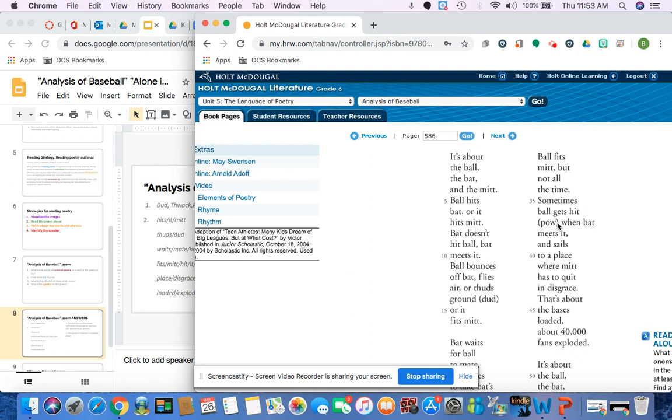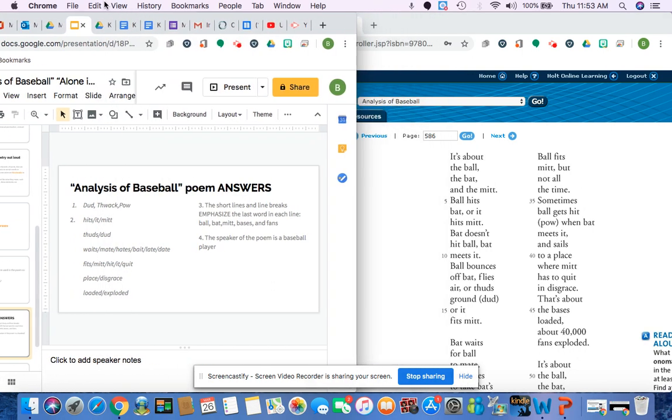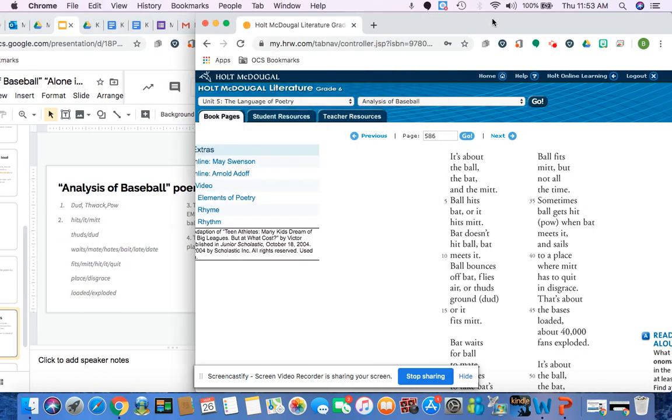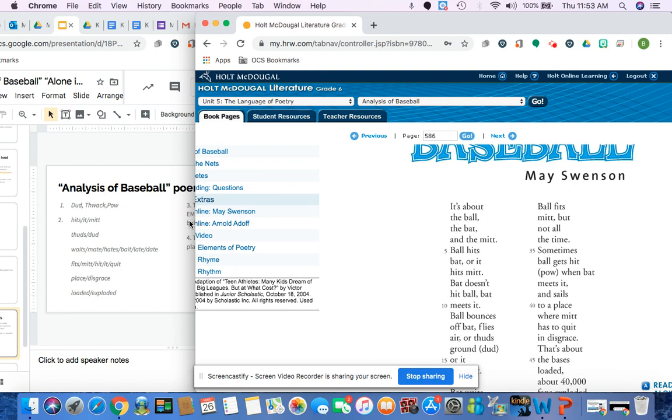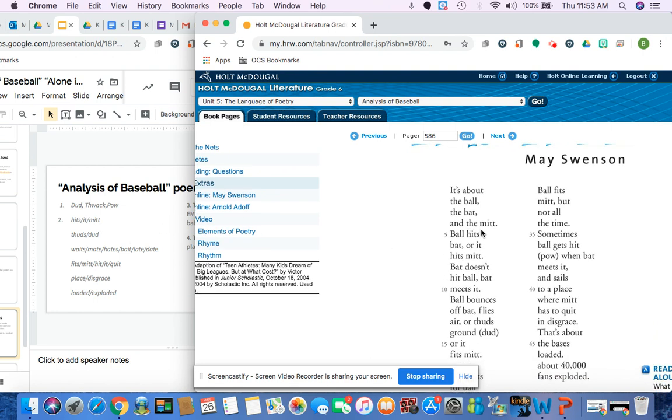Okay. So for rhyming words, the question said to find 5. There's multiple of this. As you can see, the first one, it says hits, it, mitt. So hits, it, mitt. Line 5, line 6, line 7. All those last words rhyme.